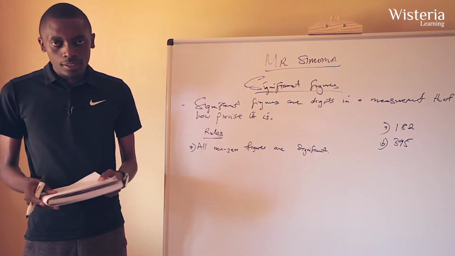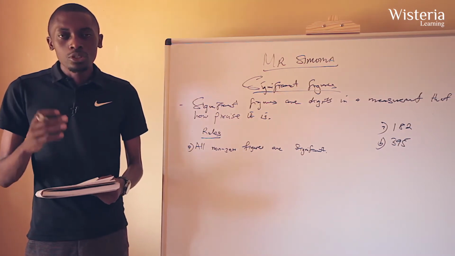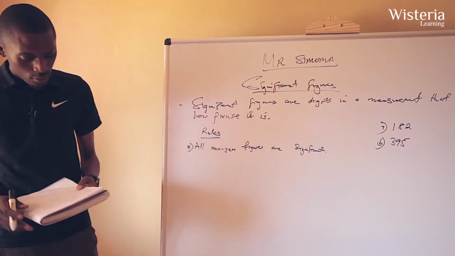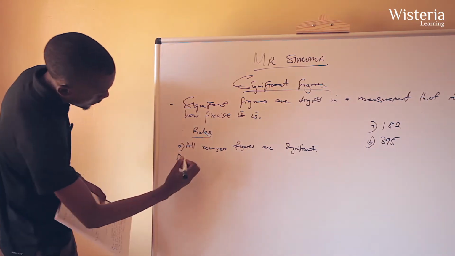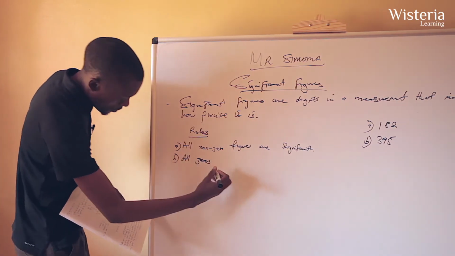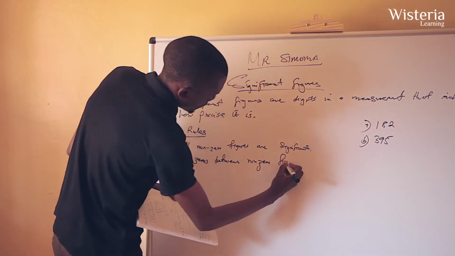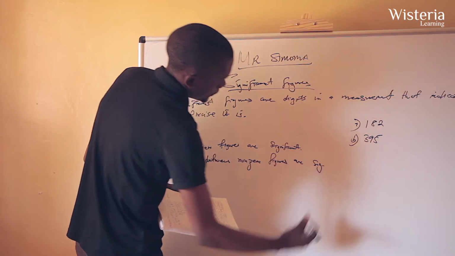rule states. And the second rule states that all zeros in between non-zero figures are significant. So we're going to write it down for you so that you can relate. All zeros between non-zero figures are significant.